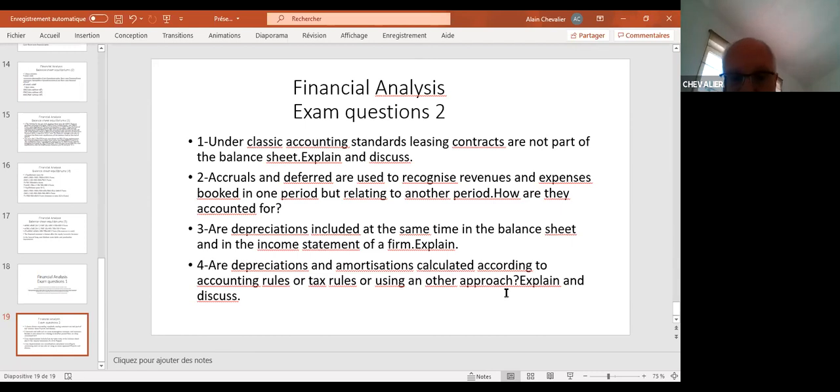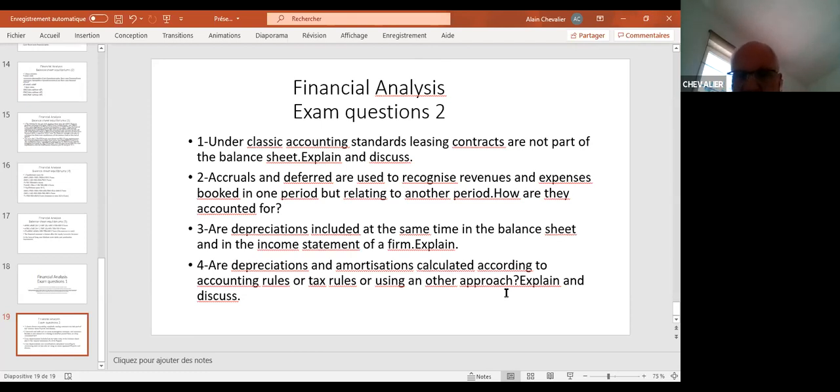The equipment for production in the pharmaceutical sector is not depreciated like research equipment, and so on. So each equipment in each industry has got its own rule for depreciation.